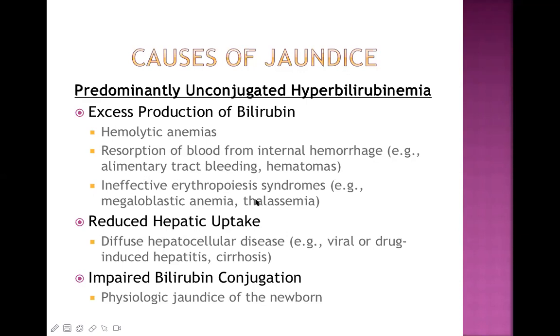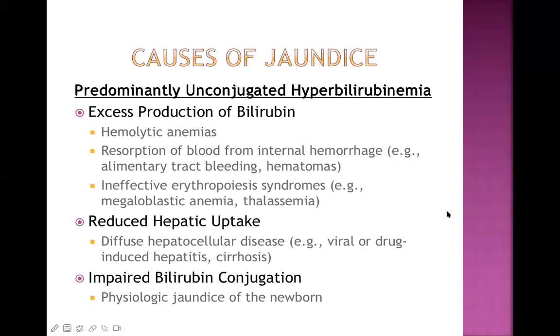Another is ineffective erythropoiesis. Just now before the break I talked about this. This is synthesis of RBC, but those RBCs are killed or dying too quickly even before they come out into the peripheral circulation, and this is called ineffective erythropoiesis.